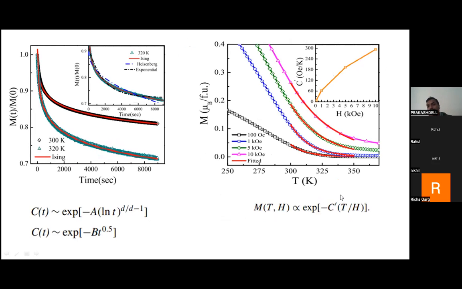And from here you can clearly see, if you are claiming there is a rare region which is responsible for the existence of some sort of ferromagnetic interaction, can you tell me the cluster magnetic moment? Of course you can, and this cluster magnetic moment can be derived from this C prime value. This C prime value will tell you the cluster magnetic moment.